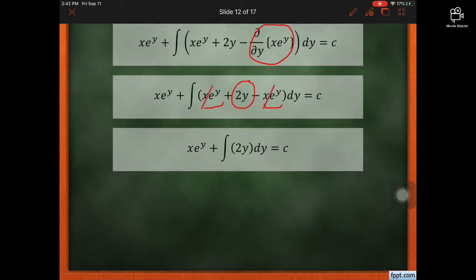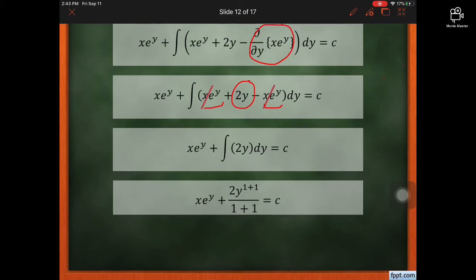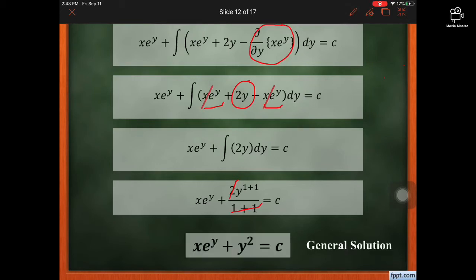So integrating this function, we just need to use the power rule, and that gives us this equation wherein we can cancel this because this is 2. So you just have 1 y raised to 1 plus 1, which is equal to 2, and that gives us the general solution, which is x e raised to y plus y squared is equal to c.